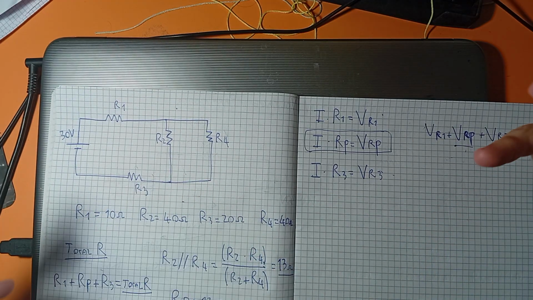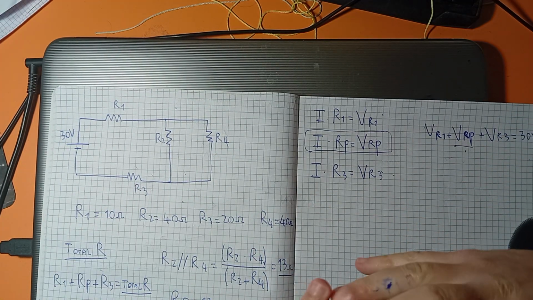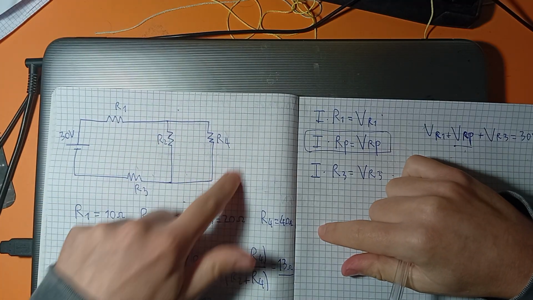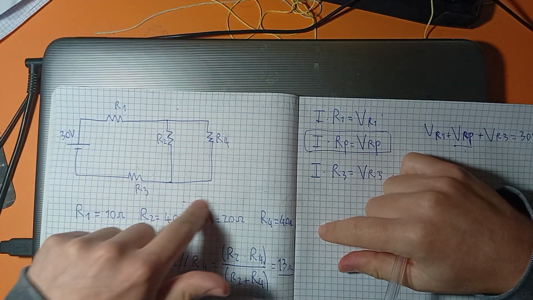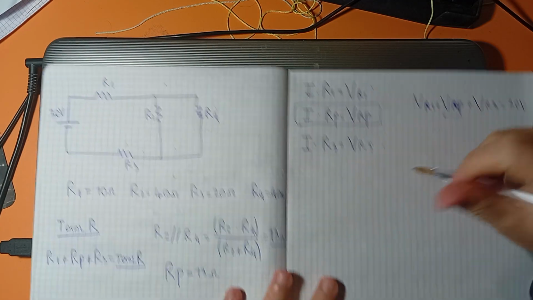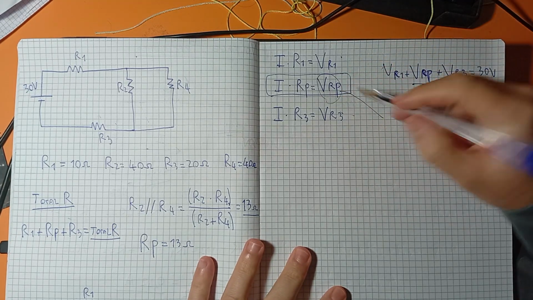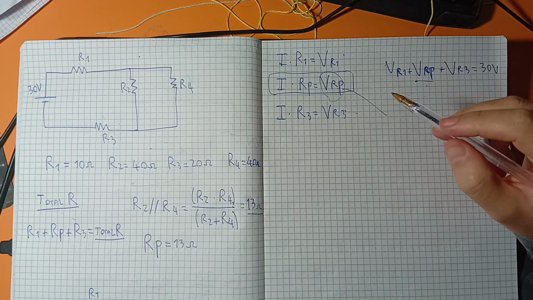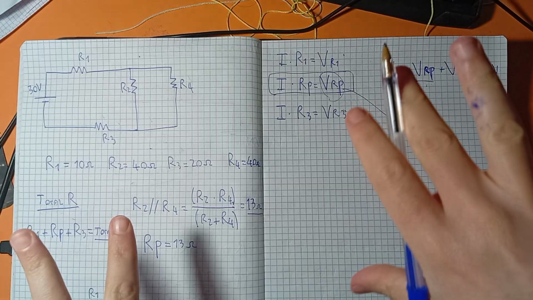Well, when I know the total voltage drop on all the parallel, this value I calculated keeps staying the same. It does not divide into smaller parts.